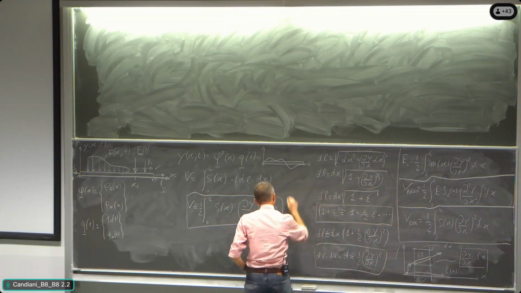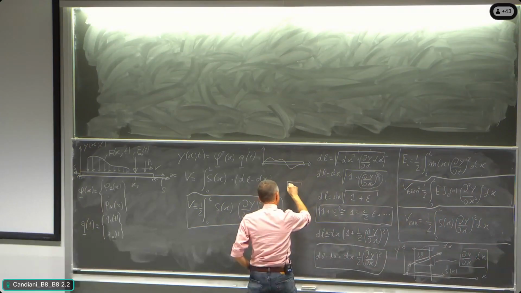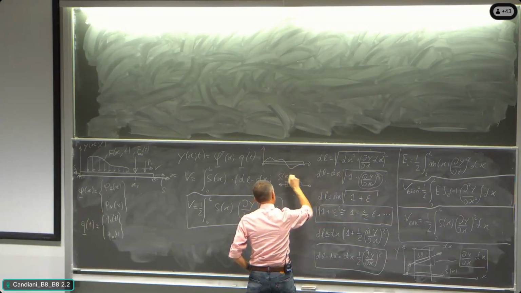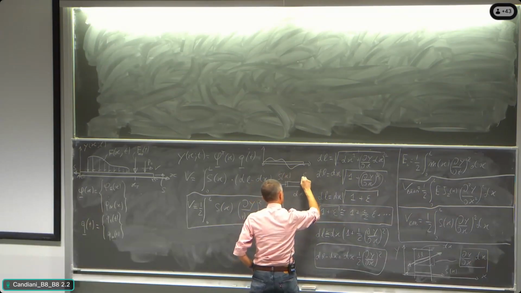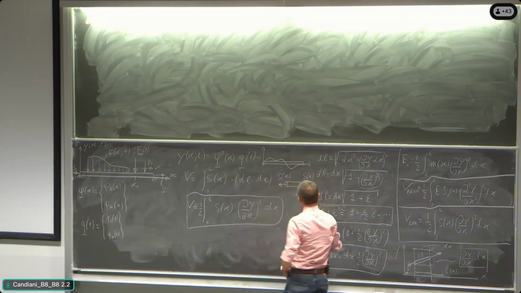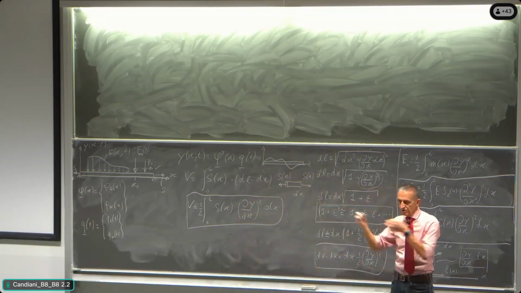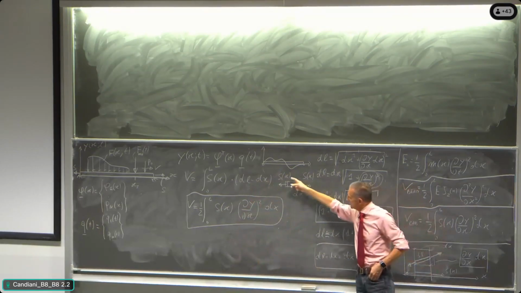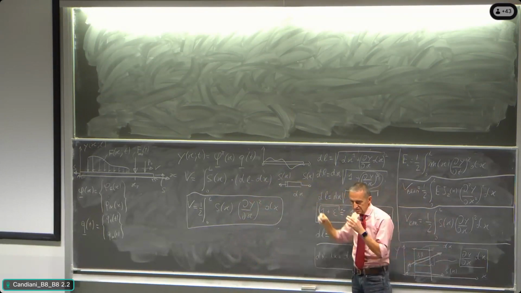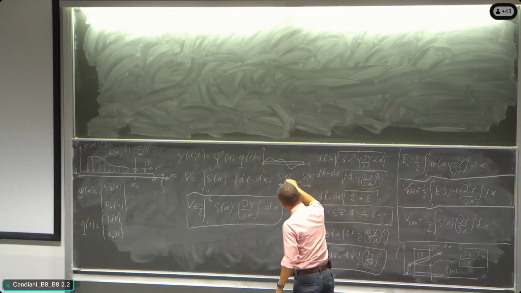So the element having length dx is undergoing an elongation. The axial action as a function of the linear coordinate is working because this force is moving by a quantity that is the elongation.